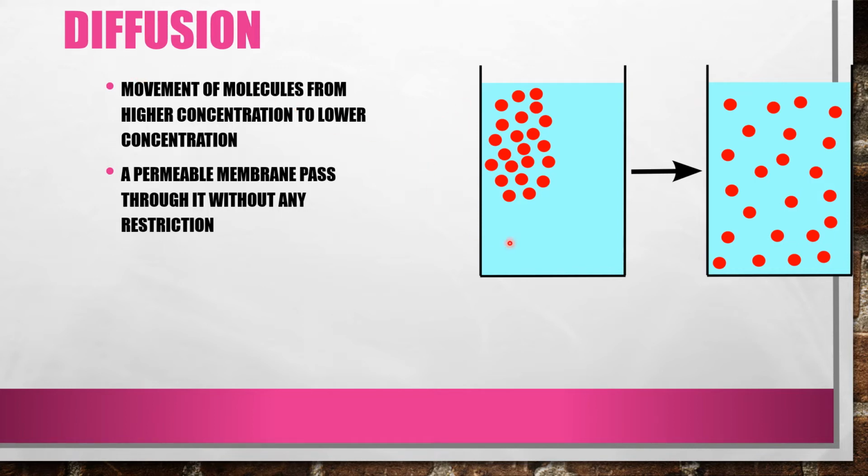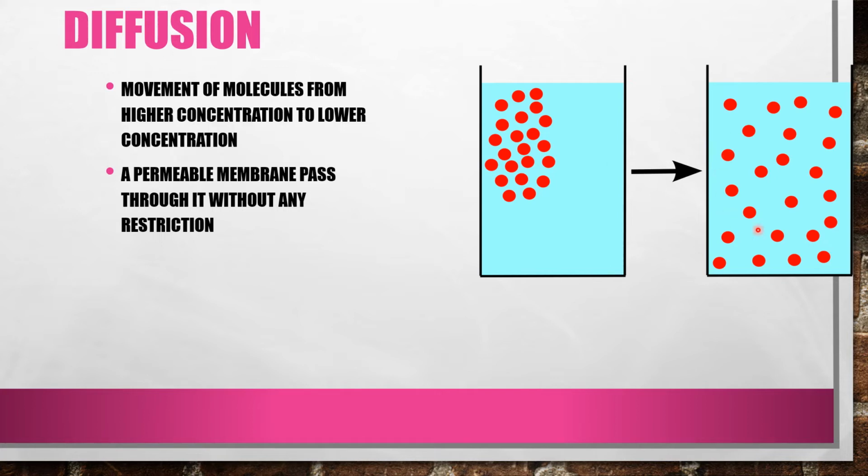Imagine this is a cell, and this is the cell membrane. For example, if you put salt over water, the place with the salt is a higher concentration. The salt spreads slowly from this place, crossing the cell membrane and spreading all over.